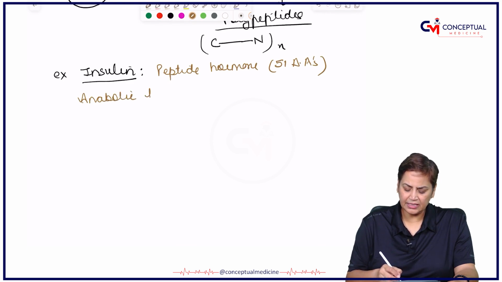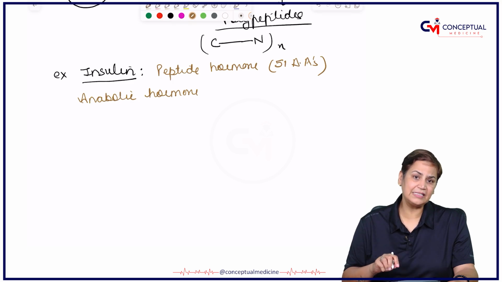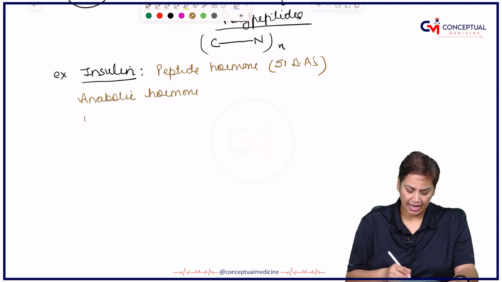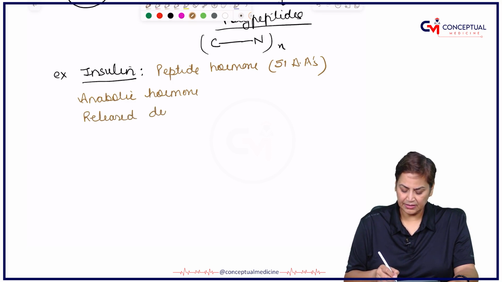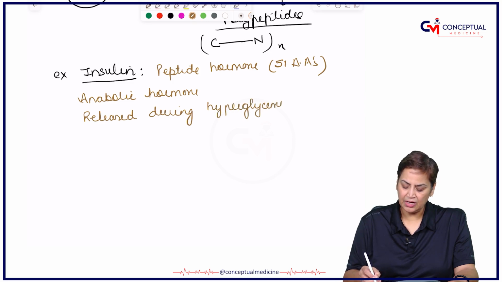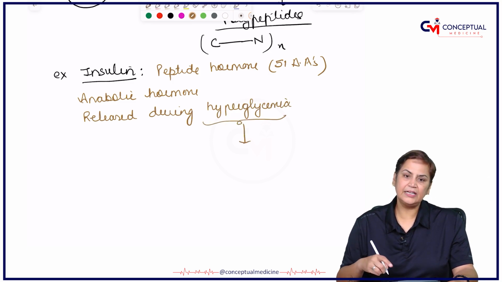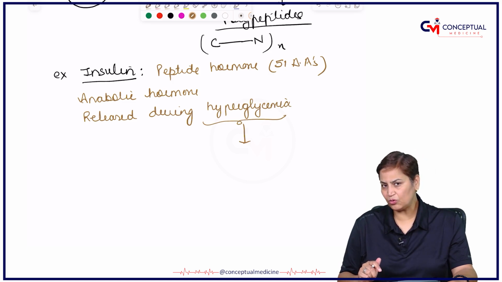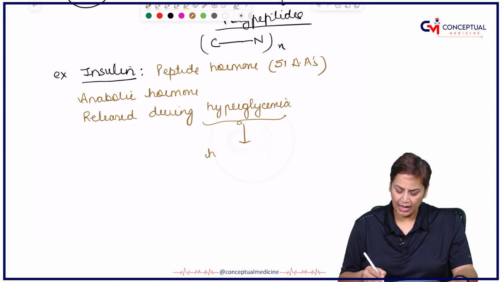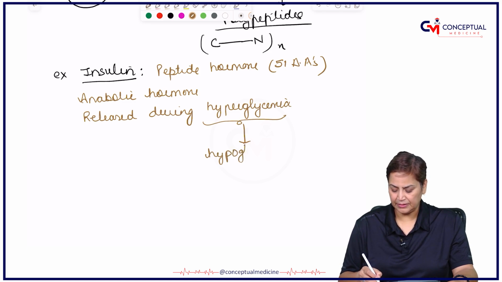Or in a layman's language, we can say that insulin is always released during hyperglycemia, which means when the concentration of glucose is high. And what is its function? Since it is released during hyperglycemia, it tends to decrease the level of glucose. So it will lead to hypoglycemia.